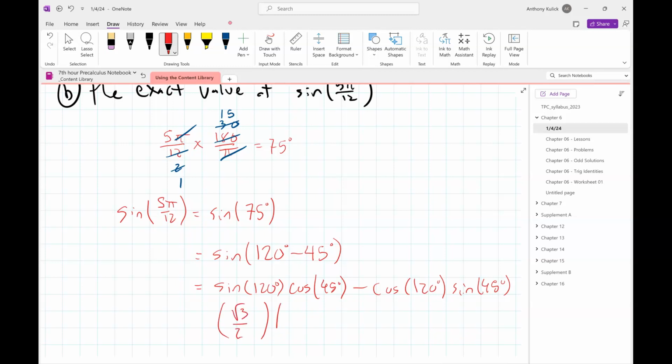Excellent job. What's cosine of 45? Square root 2 over 2. Very good. Cosine of 120. Negative 1 over 2. And then sine of 45. Square root 2 over 2.